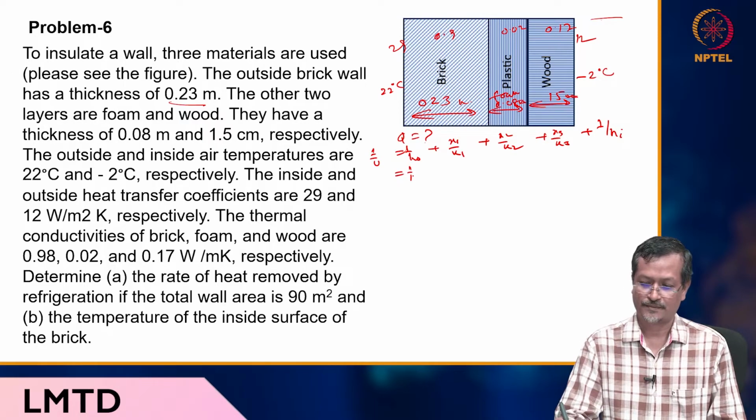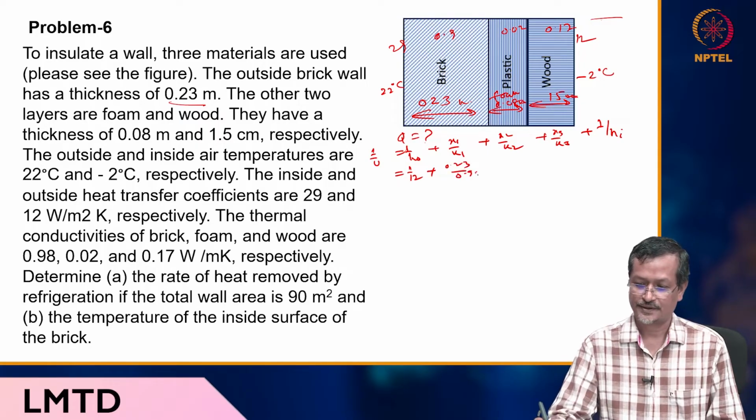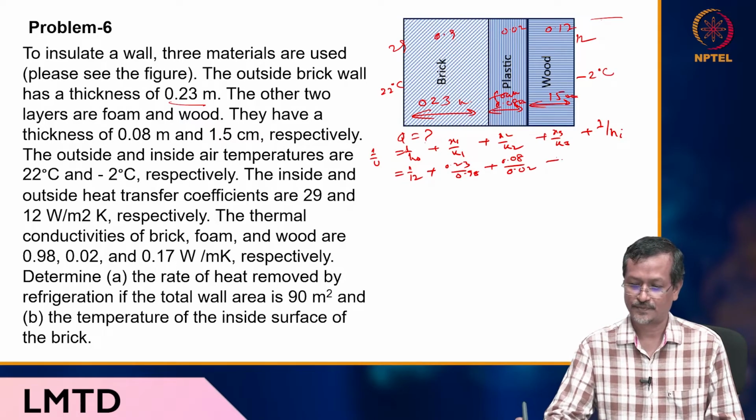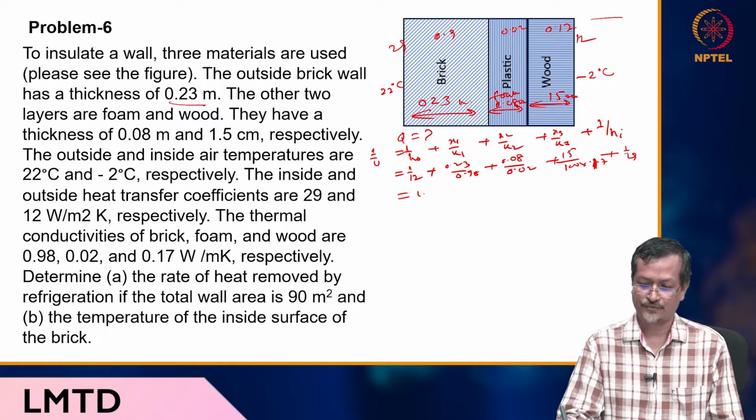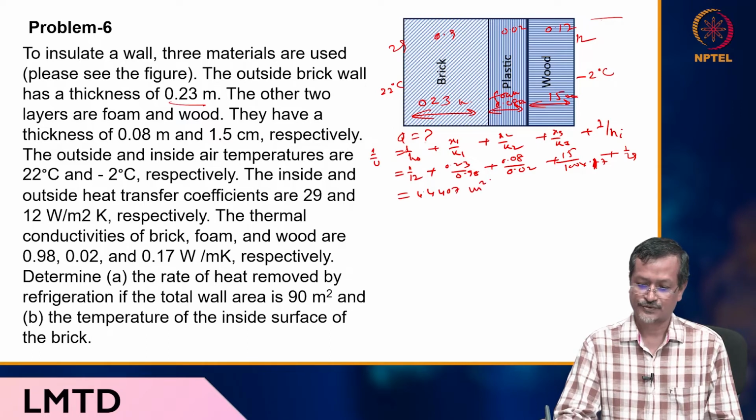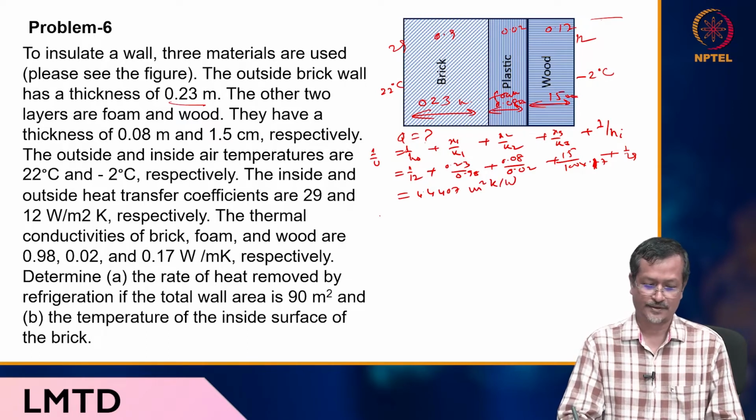It becomes 1 by 12 plus 0.23 by 0.98 plus 0.08 by 0.02 plus 1.5 by (100 into 0.17) plus 1 by 29. This gives 4.4407 meter square K per watt.